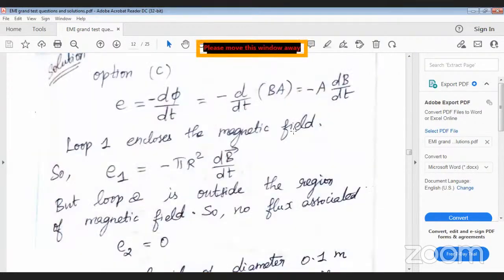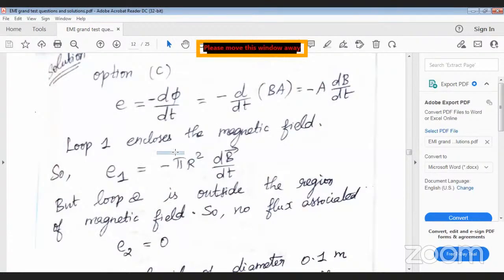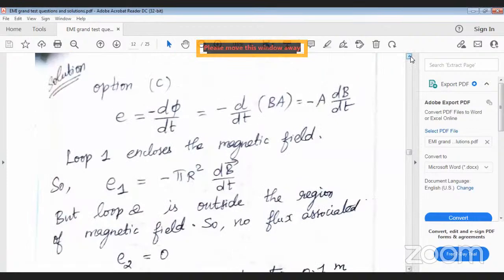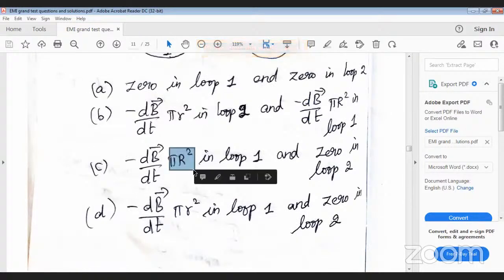For loop 2 it is 0 because it is not enclosing any magnetic field. So minus pi R squared dB by dt in loop 1 and 0 in loop 2. So this is option C.